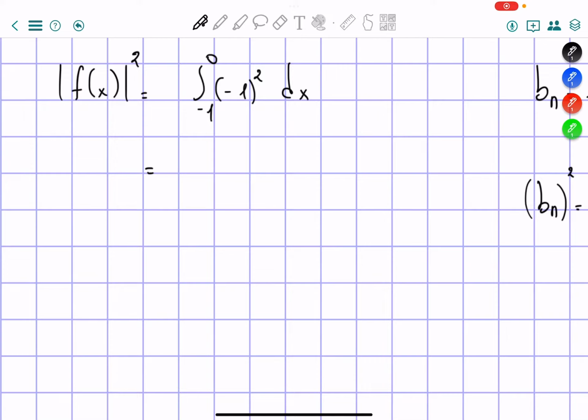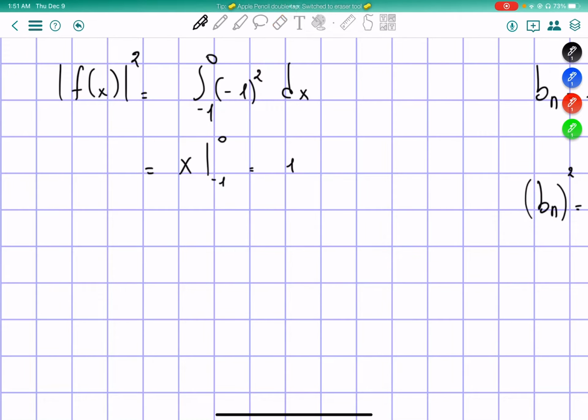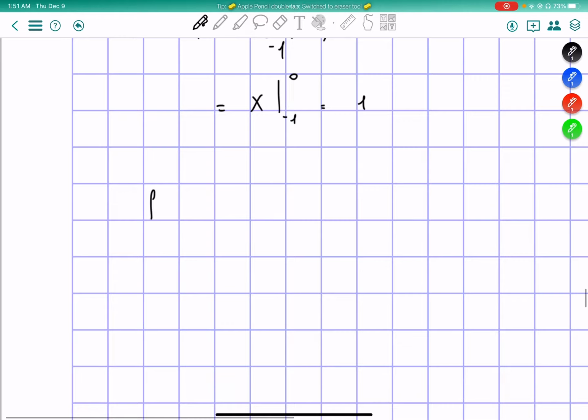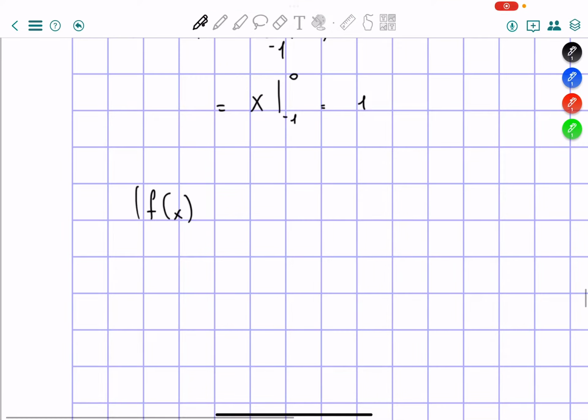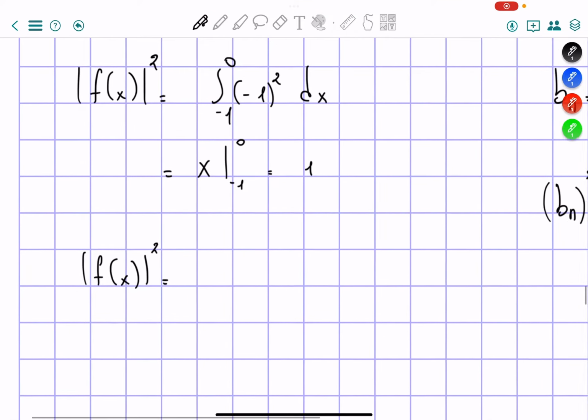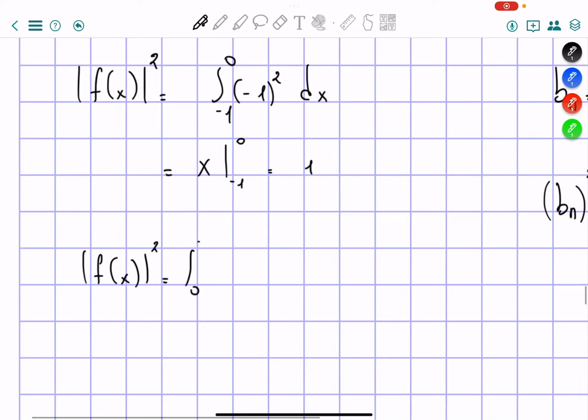We're going to get 0 to 1, so the solution is going to be equal to x from negative 1 to 0, so negative 1. Actually, sorry, positive 1. And then the other piecewise function will be almost the same thing, just from 0 to 1, because remember the upper L, we said L is equal to 1.